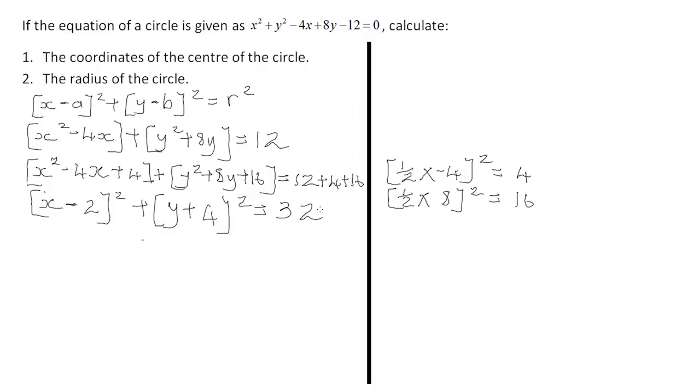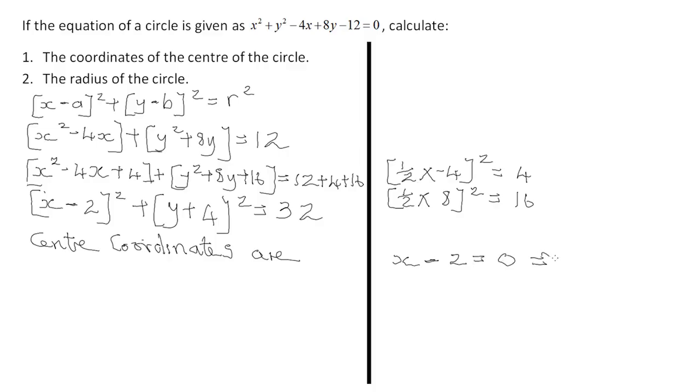Now, our question is the coordinates of the center. Now, one thing to note here, center coordinates are, how will you find a? Please take note, you do this here. x minus 2 is equal to 0.